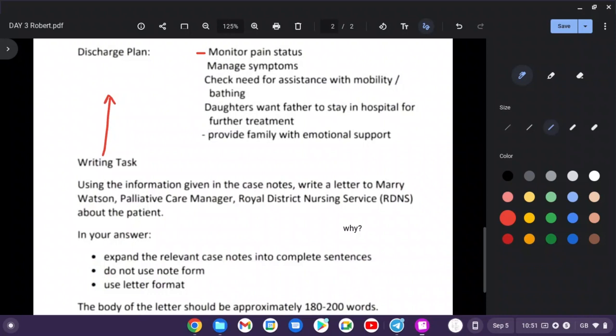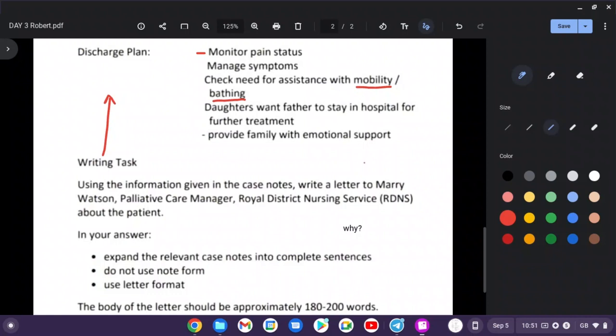Then manage symptoms, need to check or manage the symptoms of Mr. Roberts. Check need for assistance with mobility and bathing, that means self-care. Daughters want father to stay in hospital for further treatment. We will find out from the case note whether that is relevant information or not. And provide family with emotional support. So this is all the information that we got from the discharge plan.